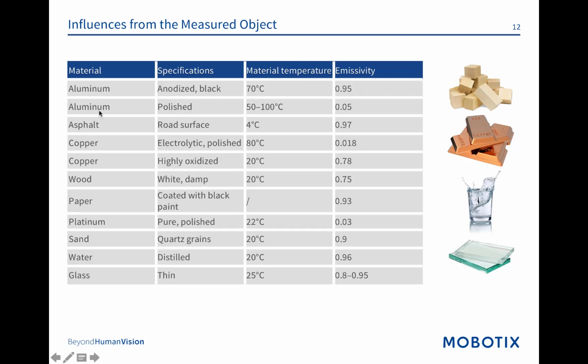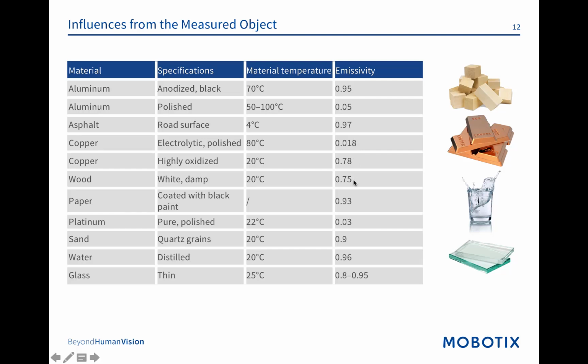But the same material polished, 0.05. So you can say equivalent to around about 0. This means the same material, but the surface is different, and this makes a big difference here. And this is also the case for a lot of other materials.